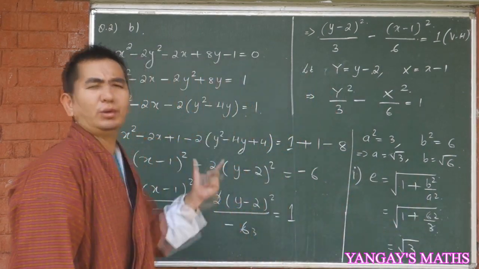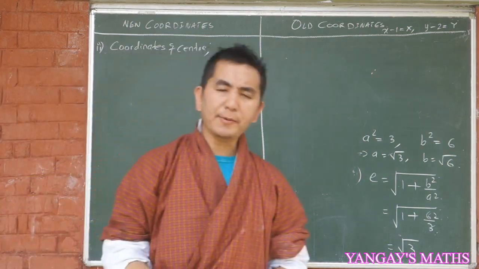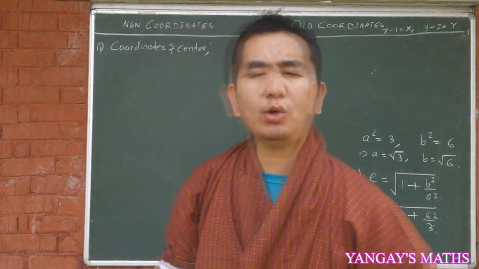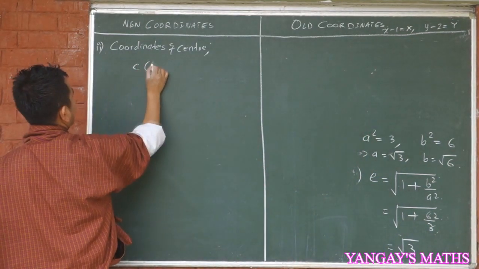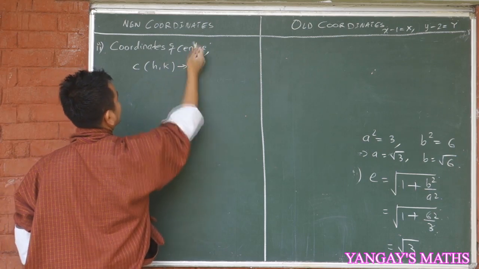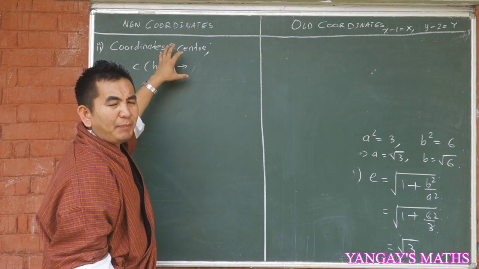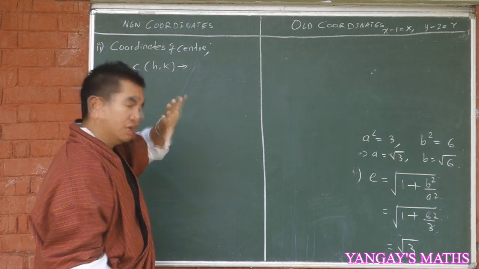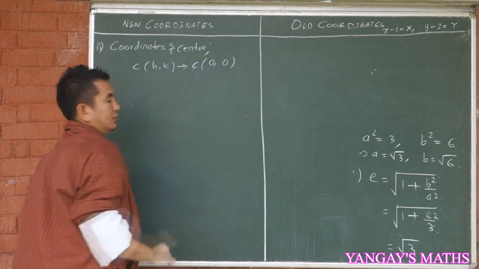Now we'll go with the new coordinates. Now we'll go with the coordinates of the center. The coordinate of the center, C of h comma k, because this is a new coordinate system, the center of this hyperbola is shifted to the origin. The concept is similar: C of 0 comma 0.